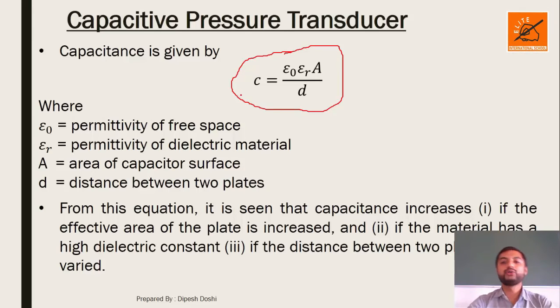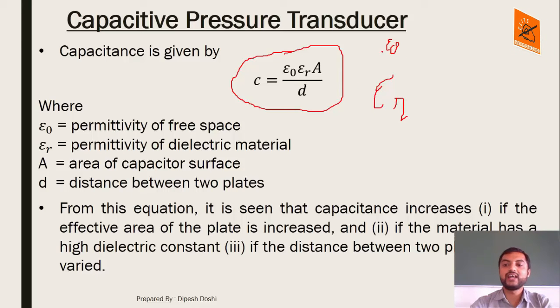Here, if I want to change this capacitor, then epsilon 0 is constant, so we cannot change it, but we can change epsilon r. If you change the dielectric material, then permittivity of dielectric material will be changed, and based on that capacitance will be changed.